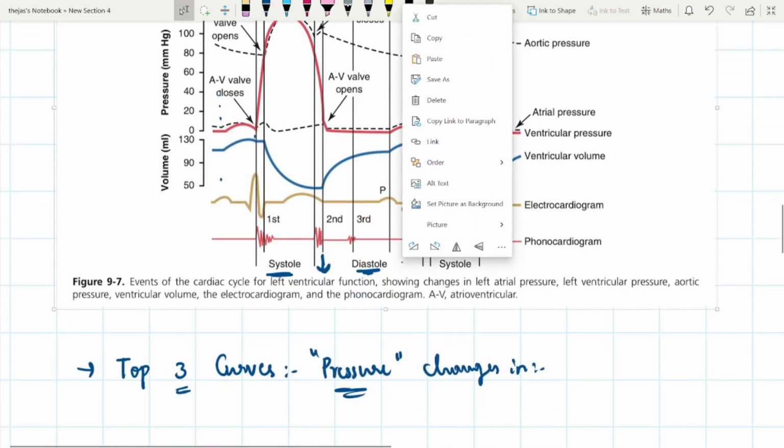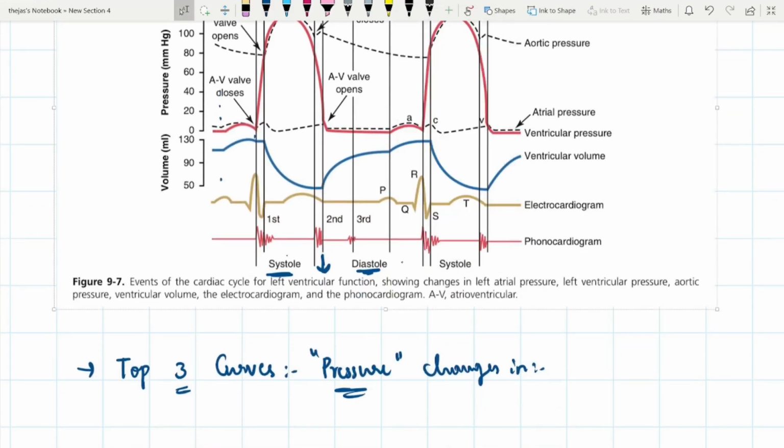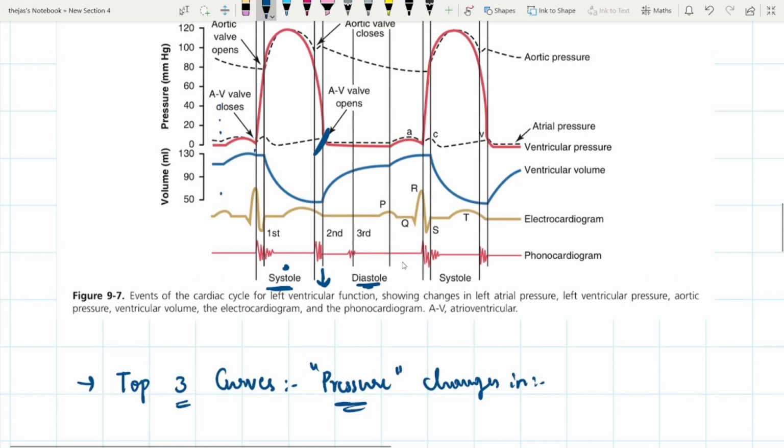So this is the systole, right? Just before the end of the systole, there is T wave. Right? This is T wave.